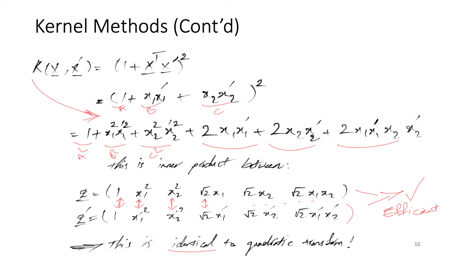So now instead of doing all those computations, depending on what Q's order we're talking about, I'm just going to expand this and compute the inner product of these 2, right?